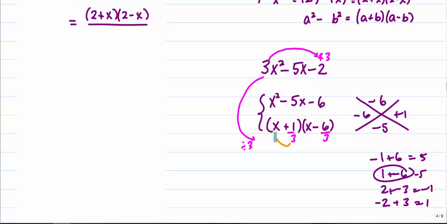So if my fraction is fully reduced, I'm going to bring that denominator, that number in the denominator, up in front of the variable and write it as 3x plus 1. You could also have something like 6 divided by 3, which is just a nice x minus 2. And so now I've got it factored. So now I can come up here and write 3x plus 1, x minus 2.